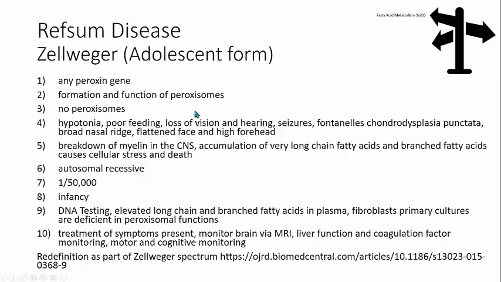Refsum's disease is the third type of Zellweger syndrome. Refsum is the old name, as adrenoleukodystrophy is an old name. These are, again, diseases of the peroxisomes, and again, breakdown of the myelin in the CNS, monitored by brain MRI, liver function, and coagulation factors functioning.